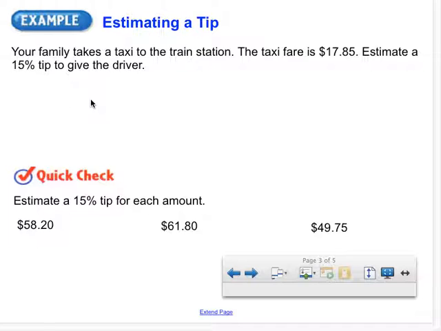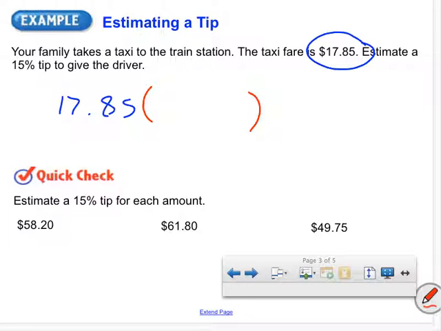So we have the whole, and I'm going to rearrange the formula just a little bit. So 17.85, and I need to multiply it by my percent, and I'm going to rewrite my percent as 10% plus 5%, excuse me, because all those together give me back 15%.